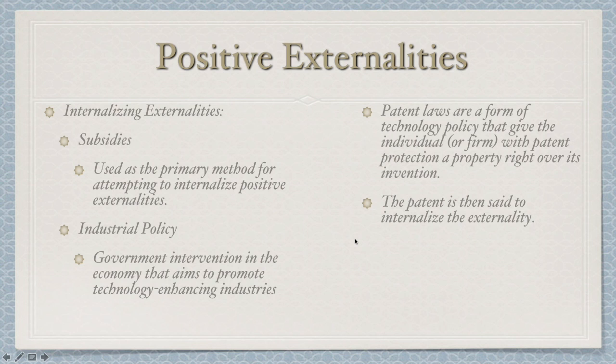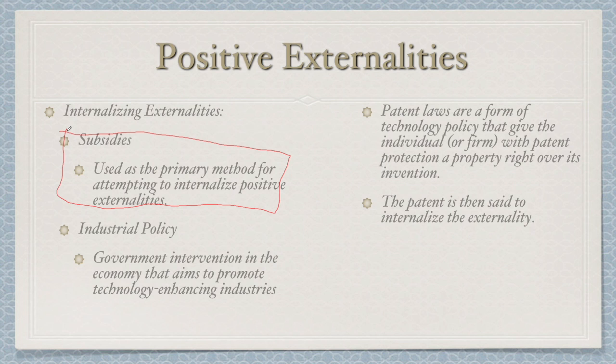To internalize externalities, the government has a couple of different methods they can use. Now, when it comes to education and many other private positive externalities, probably the easiest method is through what are called subsidies. Okay, this is the primary method, right? This is used to attempt to get people to take into consideration the positive externalities.